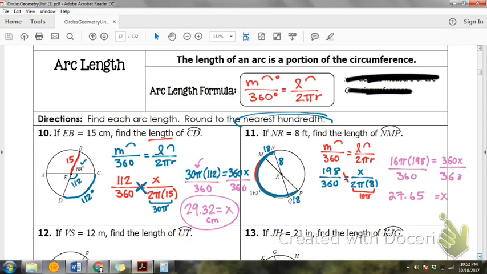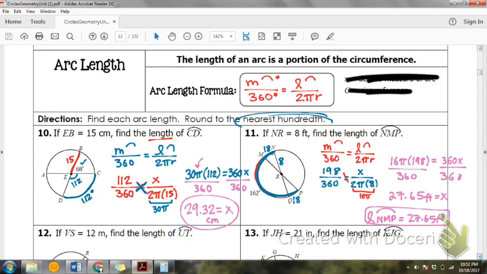And our unit of measurement is feet. That's going to be our arc length. Okay? I guess instead of just x, we should say the length of arc NMP is equal to 27.65 feet. That would be a better way to answer the question.